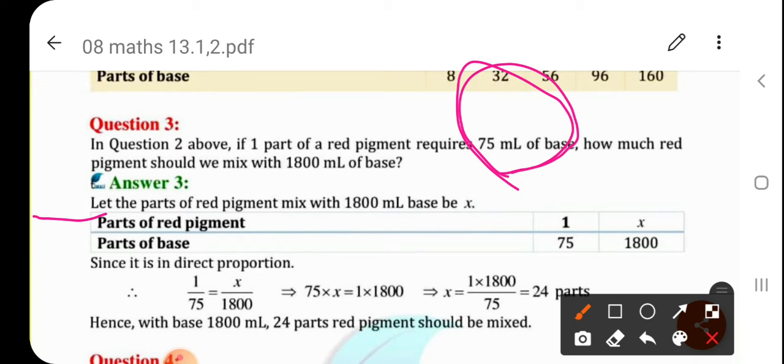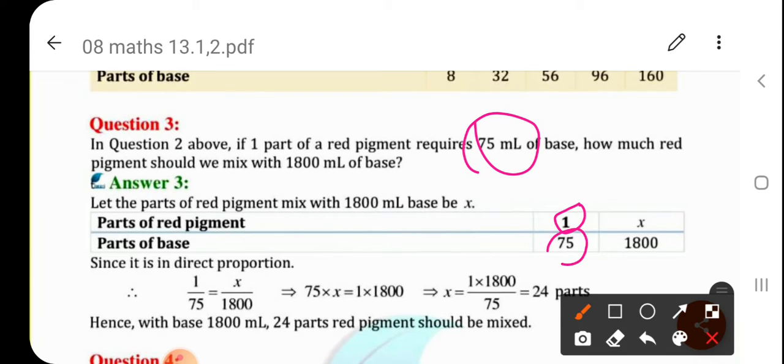Out of this, what is the part of red pigment? 1. And what is the part of base? At the same time, 75 ml. Then how much red pigment should we mix with 1800 ml of base?